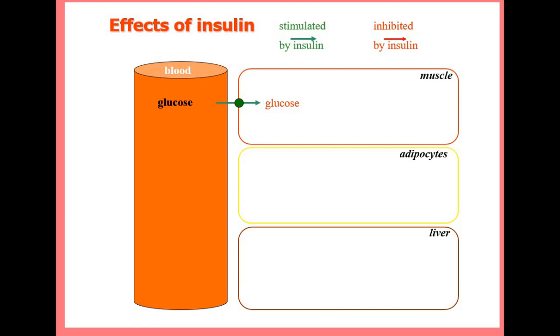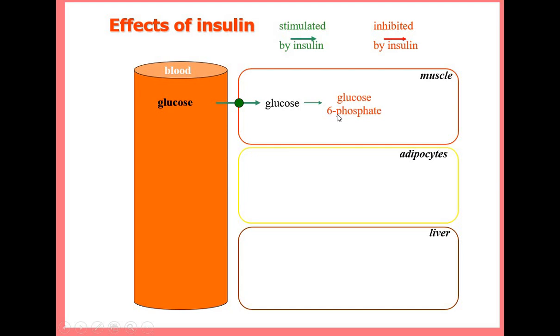This is, as we have discussed, by stimulation of a process which you call translocation. Translocation means just movement of GLUT carrier proteins from the cytoplasm to the cell membrane. Once in the cell membrane, they will allow glucose to enter inside the cell, right? So this is very important for entry.